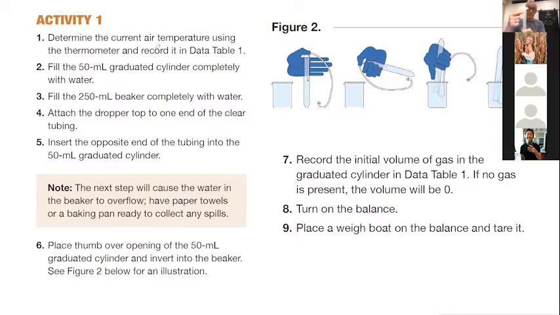Write down 5 mils as the initial volume, which will be 5 mils of air. Whatever additional volume you add from the O2, we'll count as your volume of oxygen. So if you collect 20 mils, subtract the 5 of air that was already there, and you've got 15 mils, okay?